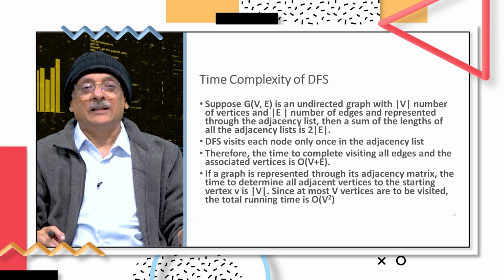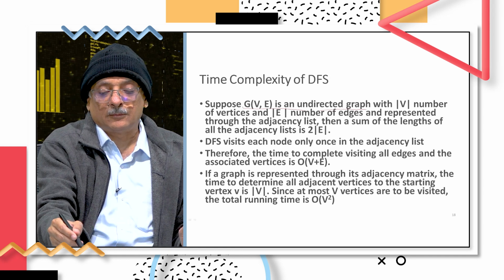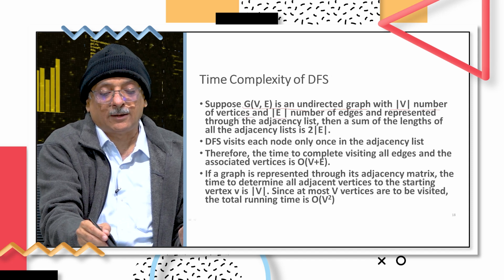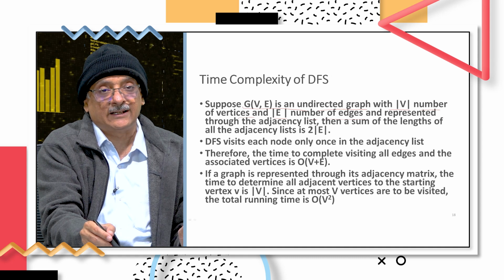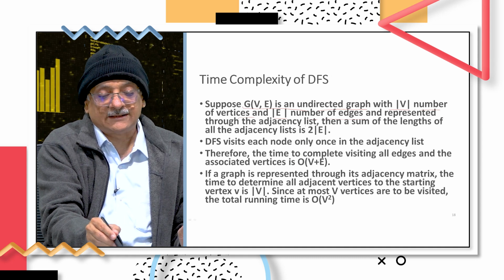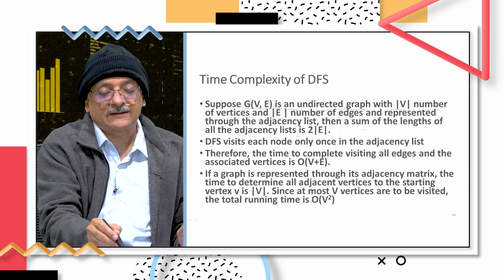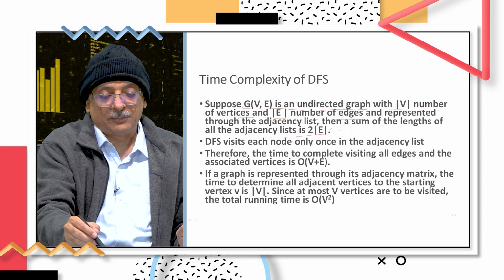Suppose G with vertex set V and E the set of edges is an undirected graph, with |V| the number of nodes and E the number of edges, represented through the adjacency list. If we are using an adjacency list, then the sum of lengths of the adjacency lists is 2E, which we have already computed.